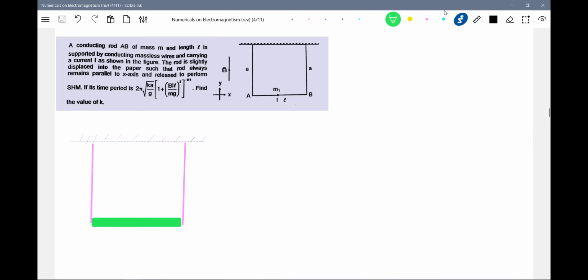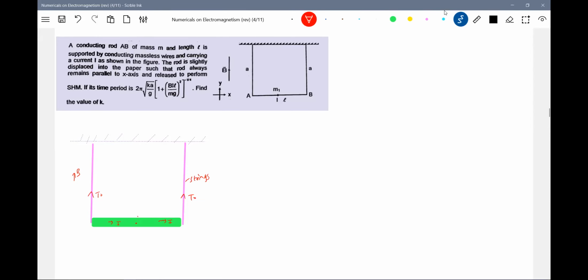So we have a current I, and the magnetic field is directed here: the magnetic field is B bar, and a current I flows. These are the strings, which will have some tension T naught initially. Now directly get into it: B bar, current. How will the force on this act in this position?